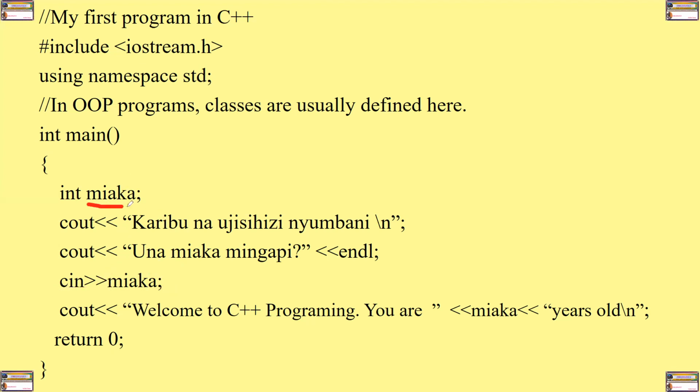So this variable name here should be the same as this one here. Otherwise, the value entered will not be stored anywhere. There will be no place to store it.